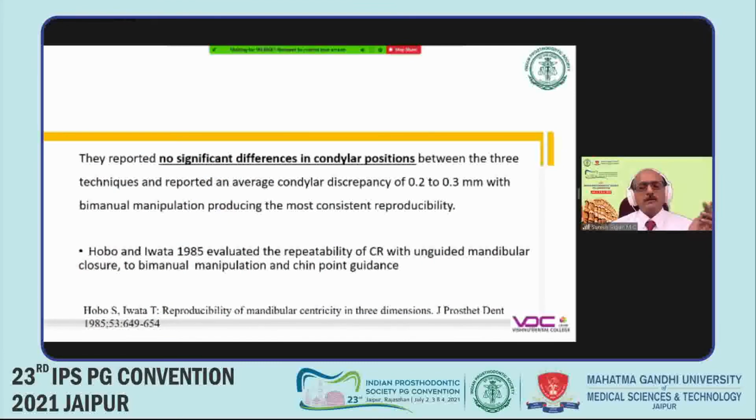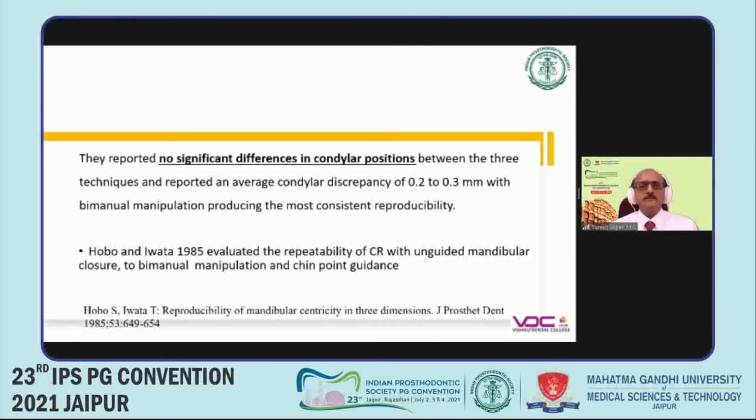When they compared these different techniques, there are hundreds of articles comparing them, and they found that all the techniques have some differences. Some articles say a particular technique is more dependable and more consistent in reproducibility.